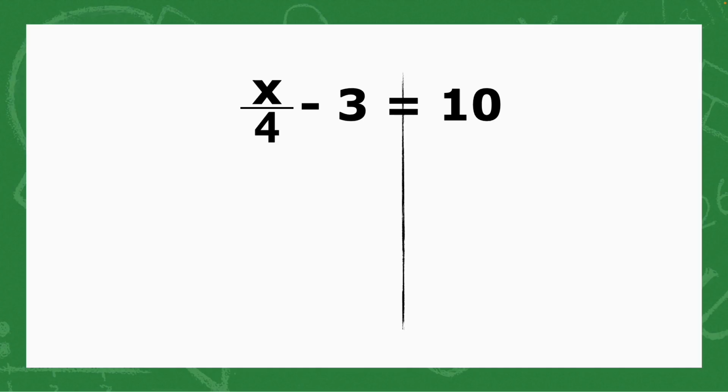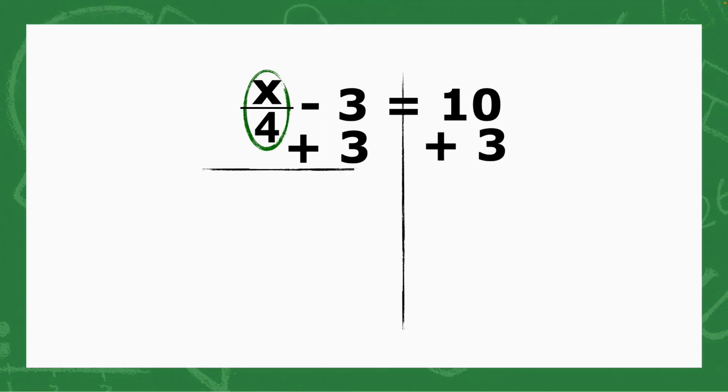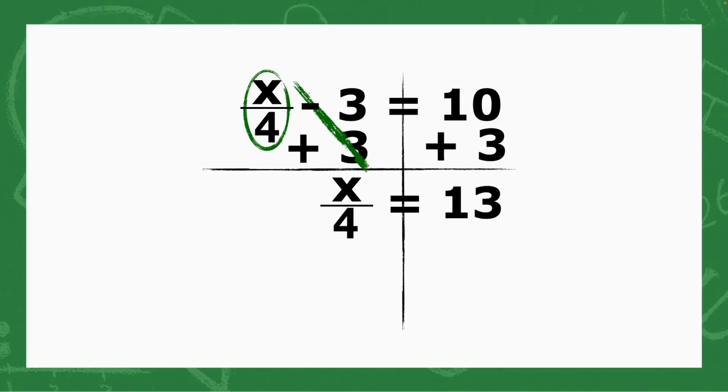Again, I have my line drawn through the equal sign just to set myself up to keep my sides balanced, and I'm going to circle that x component because that's what I'm trying to isolate. The component that's not with it, minus 3, I can undo by adding 3 to each side of the equation. The minus 3 and plus 3 will cancel out, and I'll be left with x over 4 on the one side equals 13 on the right-hand side.